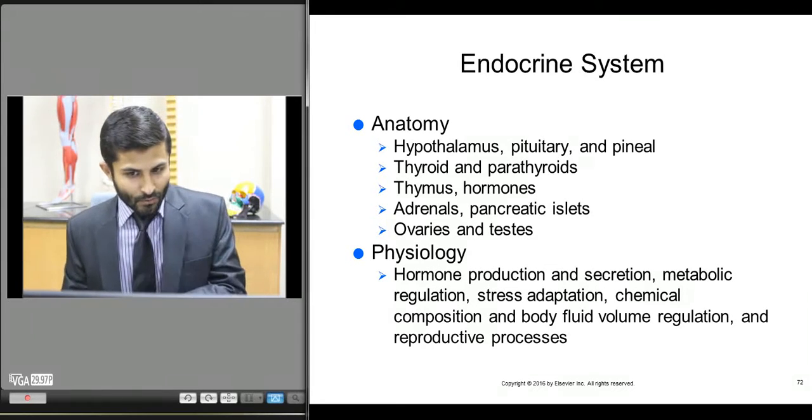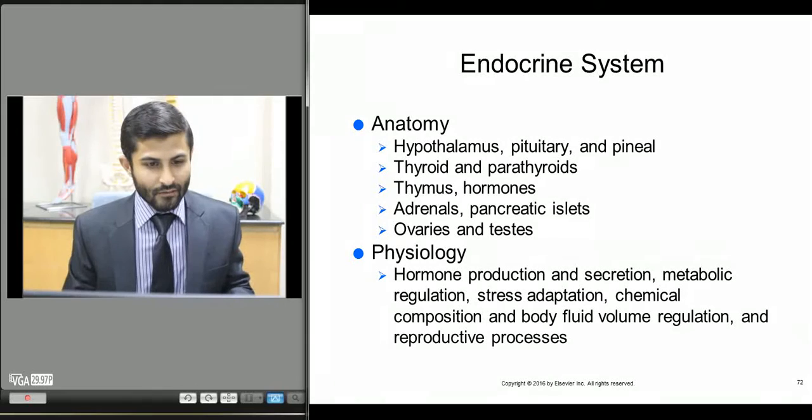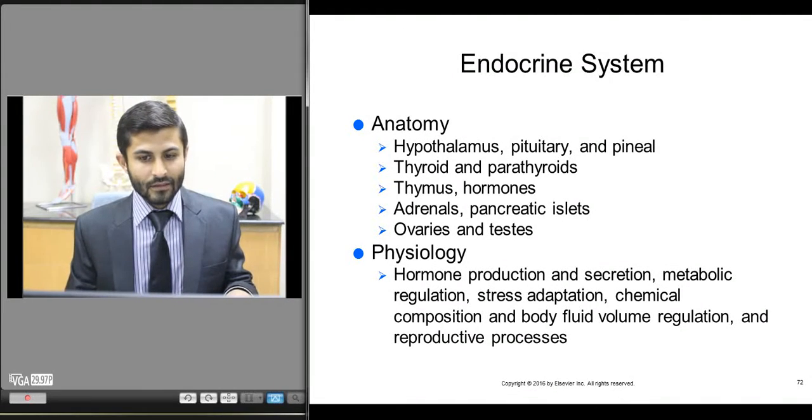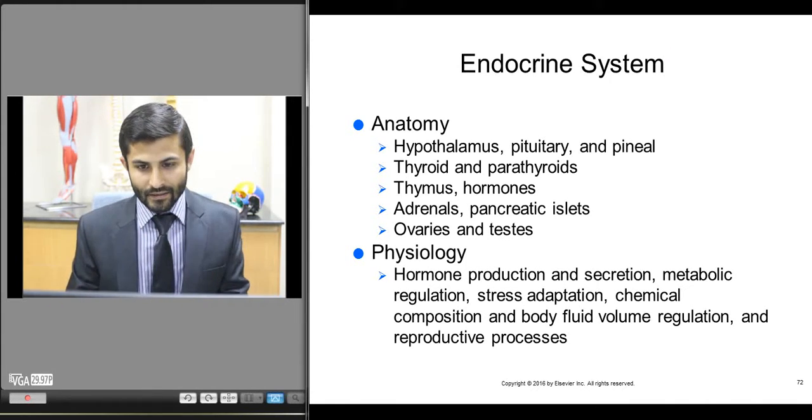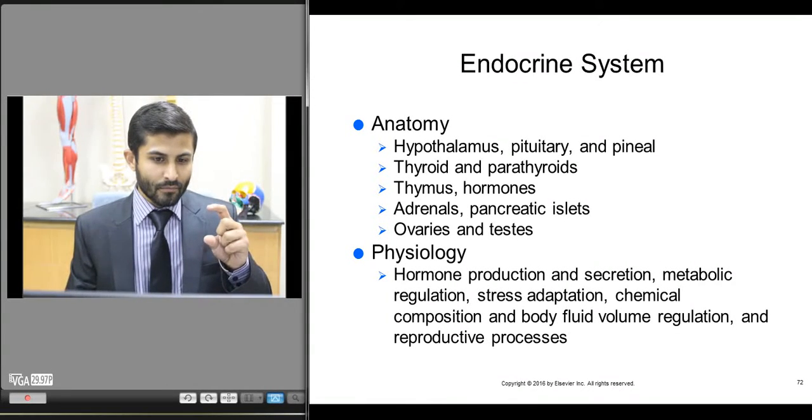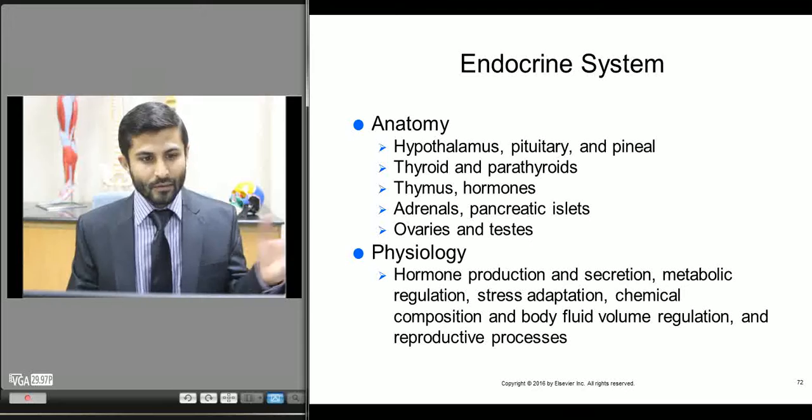Hormone production and secretion, and metabolic regulation: T3 and T4, triiodothyronine and tetraiodothyronine, come from the thyroid gland. They regulate the body's metabolic rate, or BMR, the basal metabolic rate.